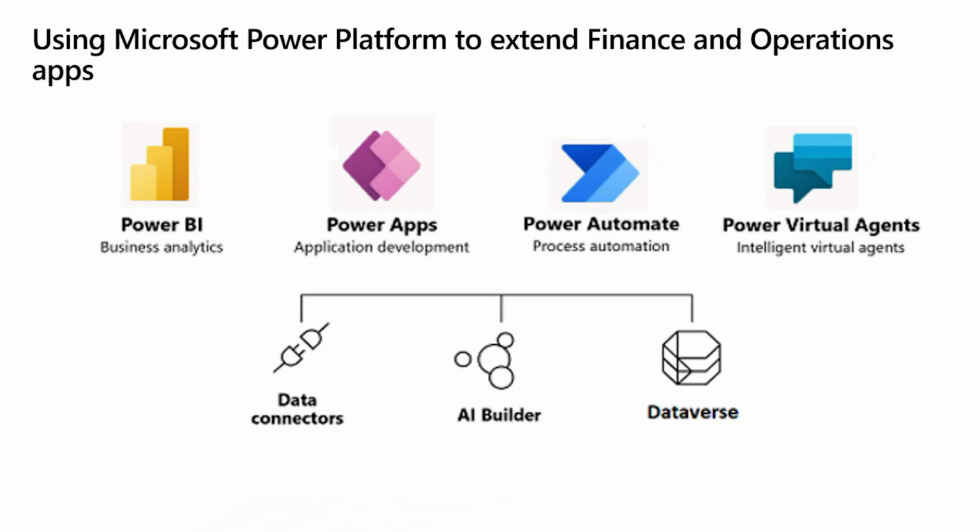You can initiate a flow based on a time-based trigger or even on the basis of an action-based trigger. Power Virtual Agents are used to create chatbots. You would be able to create fully functional chatbots without writing any code with the help of Power Virtual Agents.